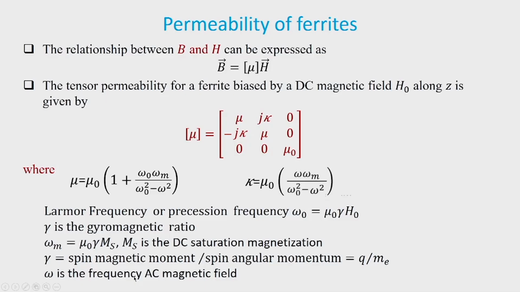Now, this angular momentum and the moment due to spin are oppositely directed, and this ratio, the gyromagnetic ratio, can be calculated as q divided by m_e. q is the electronic charge and m_e is the effective mass of the electron.